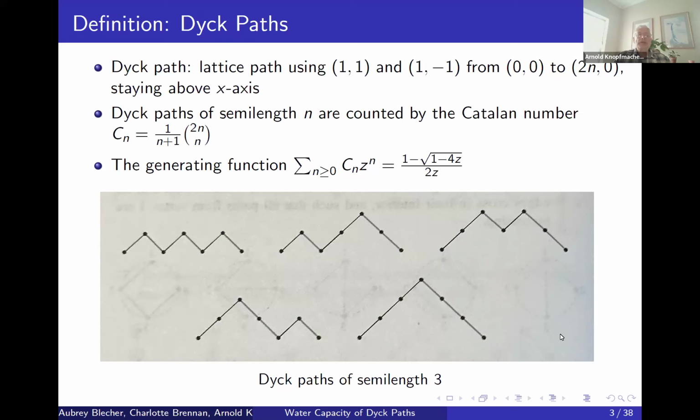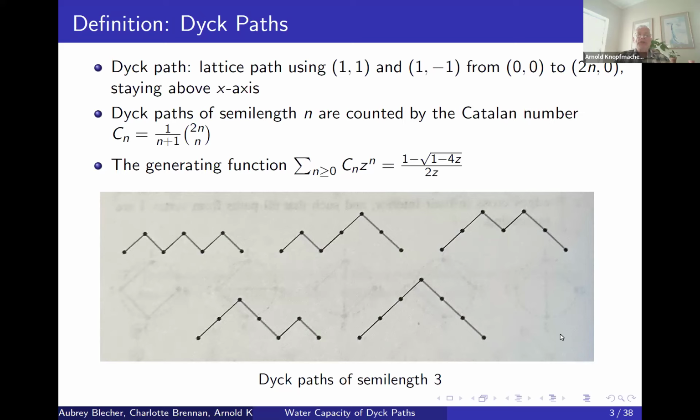In the picture shown there, I'm showing all the Dyck paths consisting of exactly 6 steps. And since the up and down steps are equal in number, it's most common to measure Dyck paths by the semi-length. So in that case, we would say these Dyck paths have semi-length 3.